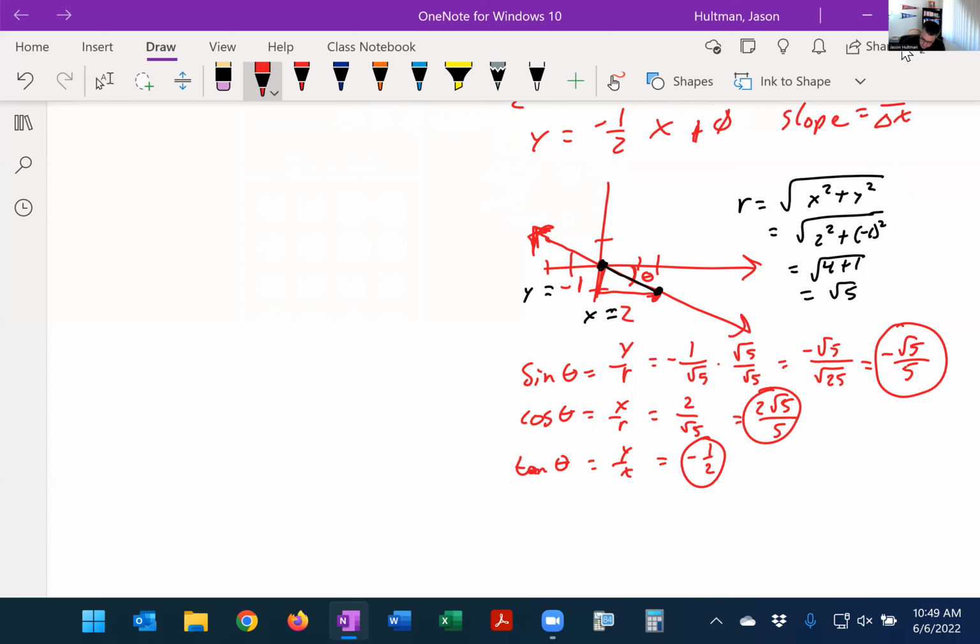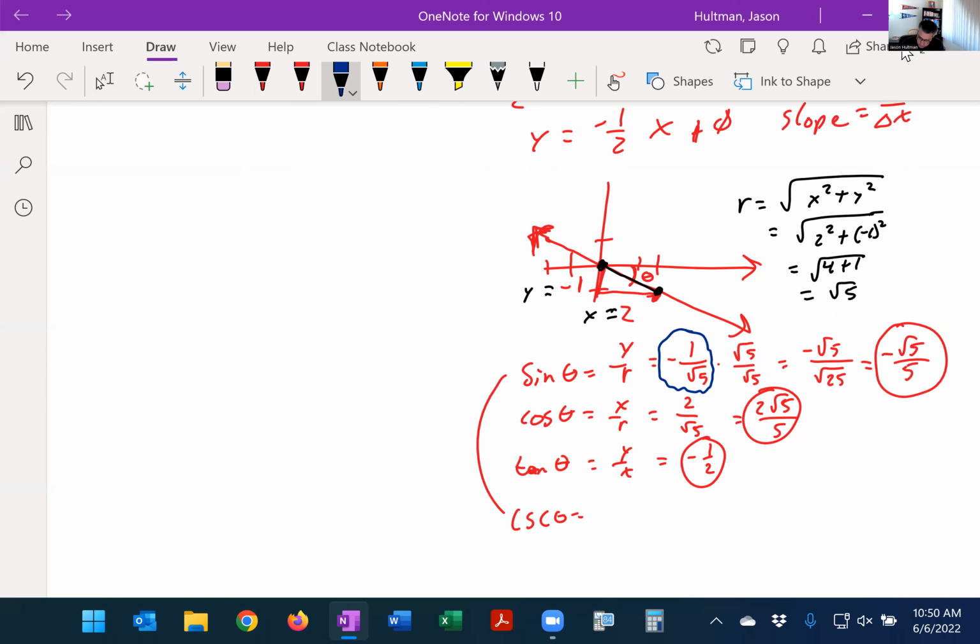The cosecant of theta is the reciprocal of sine. I'm going to use this one right here before I rationalize the denominator, because I don't want to have to rationalize the denominator again.